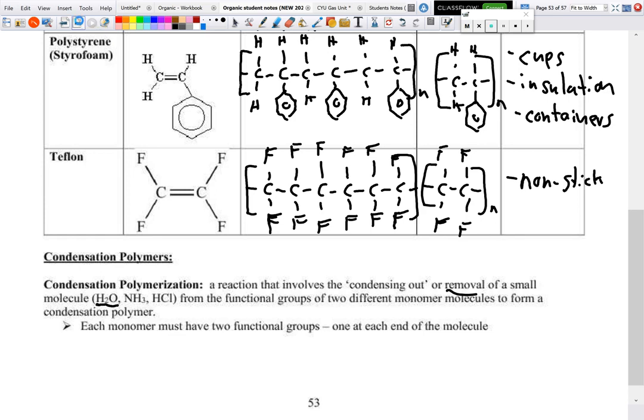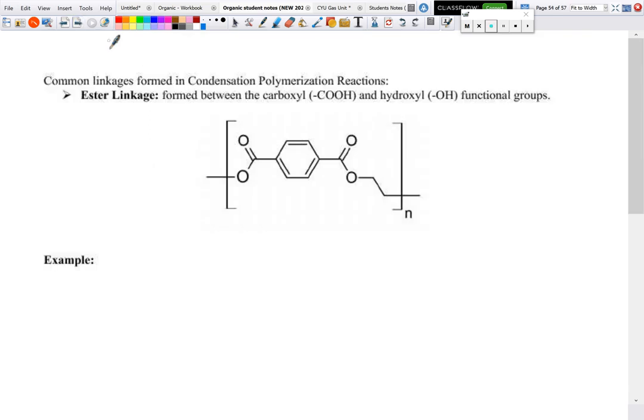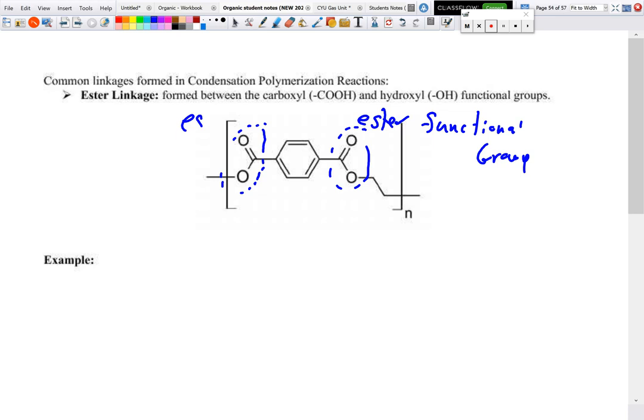Sorry. So if we just look at the next page here, we'll see an example of what a polymer will look like under condensation reactions. And we will notice that we can see our ester functional group here, but then also here as well.